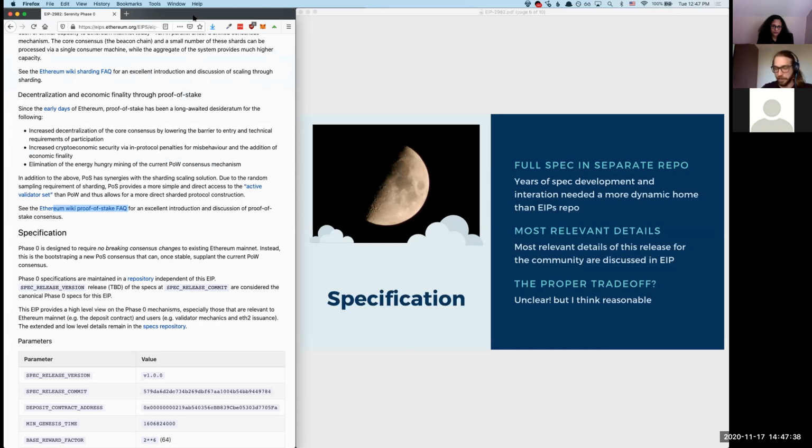But to ground this specification, because that's where people look to see what's going on in Ethereum and specs and things, we decided to write what became an informational EIP, with some of the core details for discussion and understanding, and some of the core specifications, some key parameters as a place of reference, but to not actually port the entirety of the specifications.